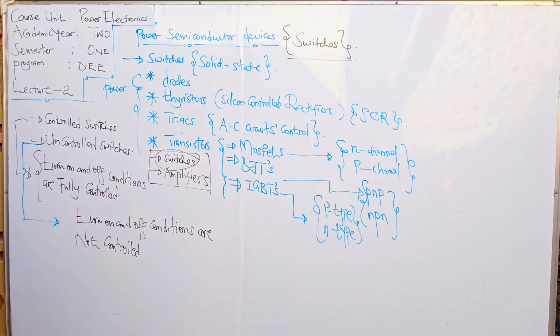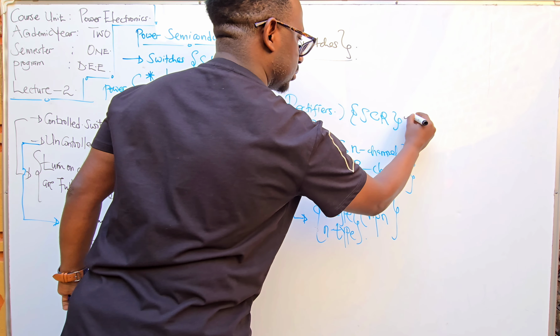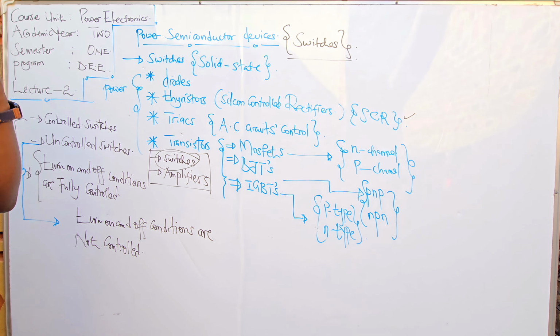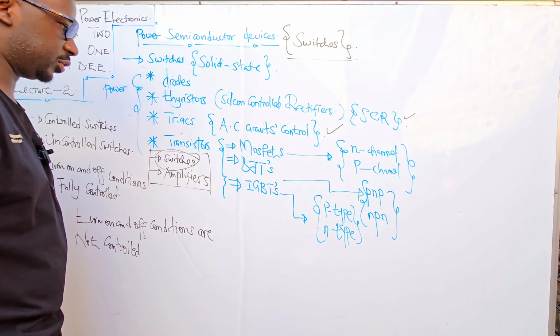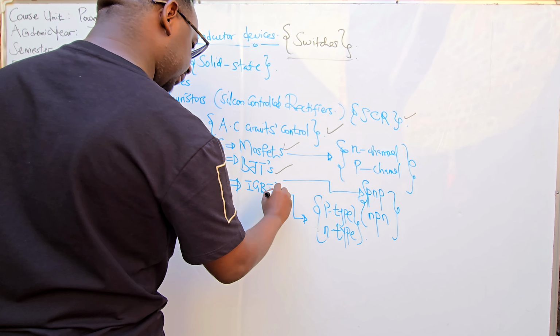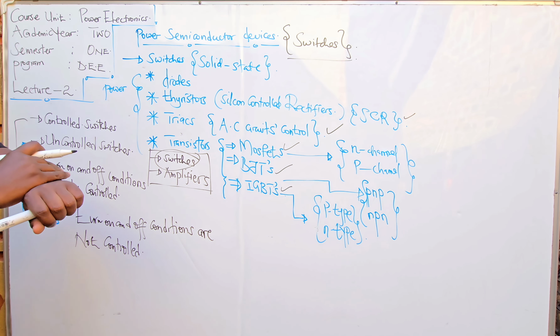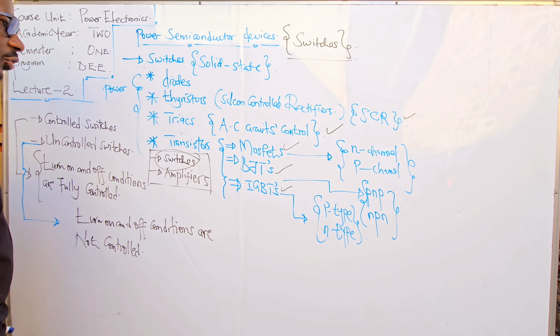So, for example, controlled switches here could be a thyristor. This is a controlled switch. A triac is also a controlled switch. Transistors, these are controlled switches. IGBT is also a controlled switch.